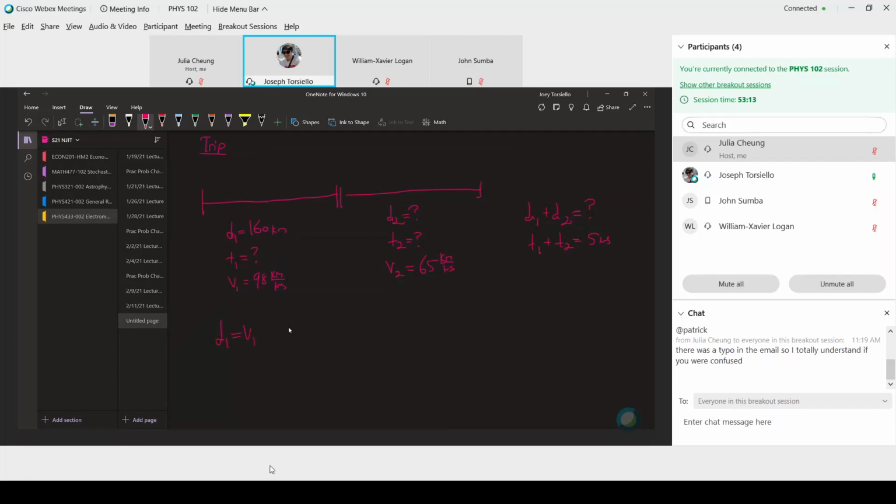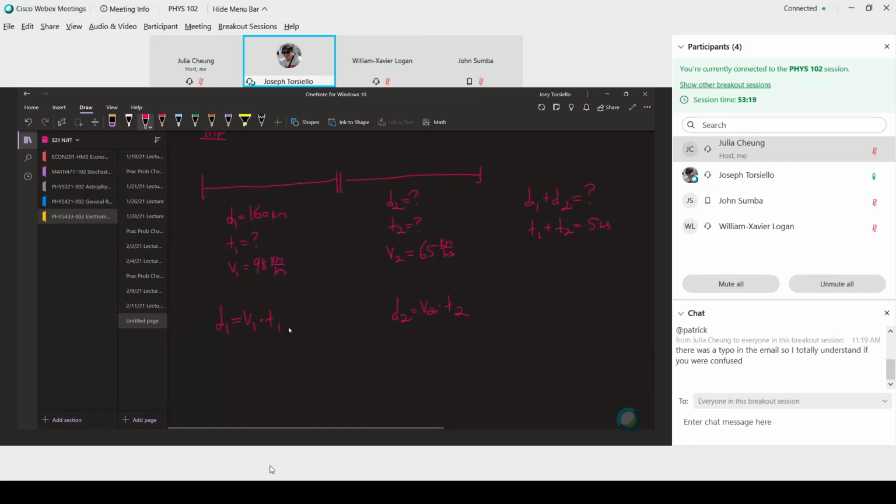D1 is equal to V1 times T1, and D2 is equal to V2 times T2. If only we knew the time that we were traveling at this speed, could we find the distance?